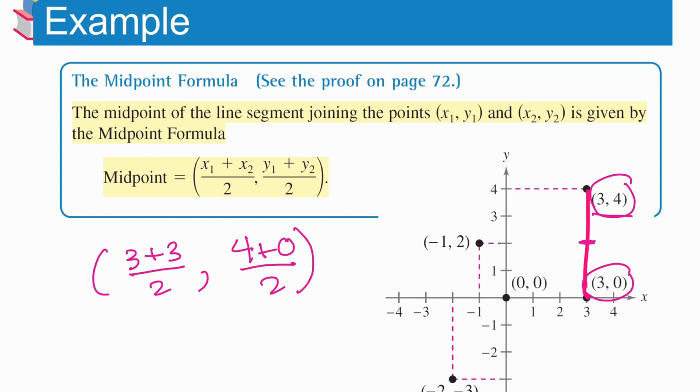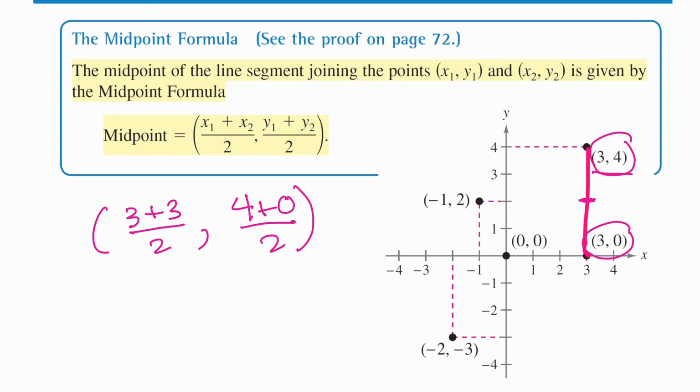And so 3 plus 3 is 6. 6 divided by 2 is 3. And 4 plus 0 is 4. Divided by 2 is 2. So this middle point should be the point 3, 2. And that makes sense, right? If it's going in a straight line up, this is 3, this is 3, so we would expect this to be 3. And this is halfway between the 4 and the 0 is our 2. So hopefully that makes sense.